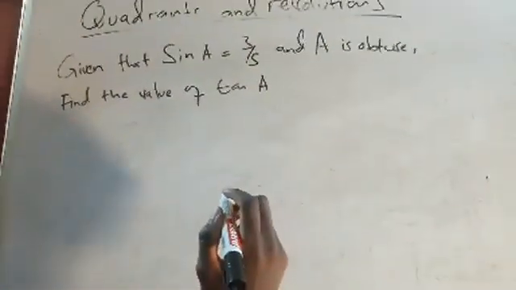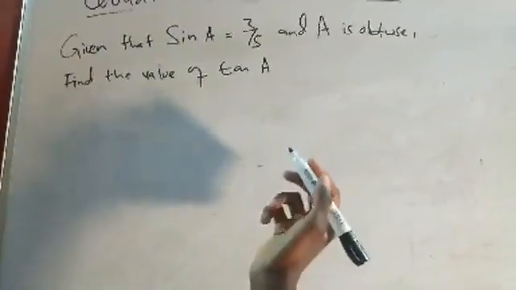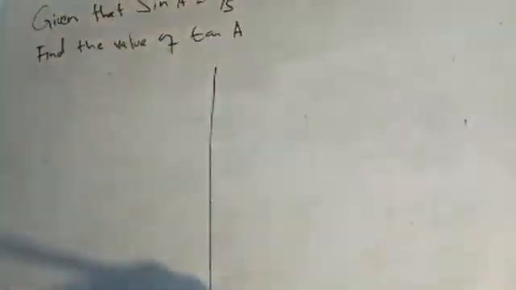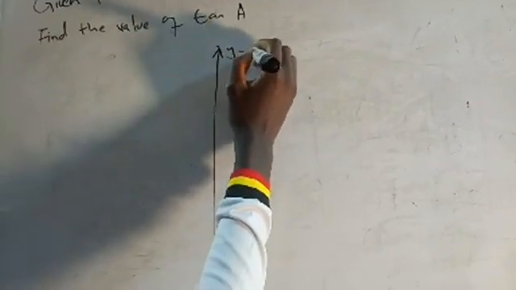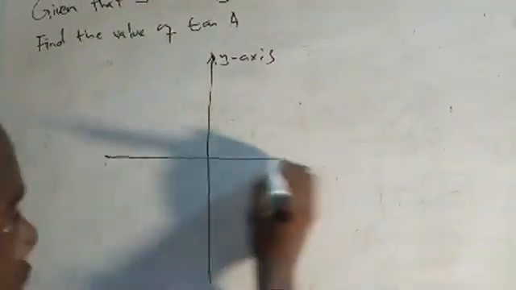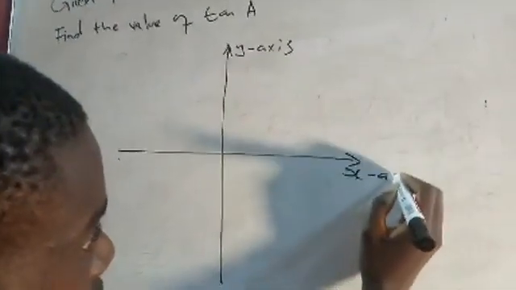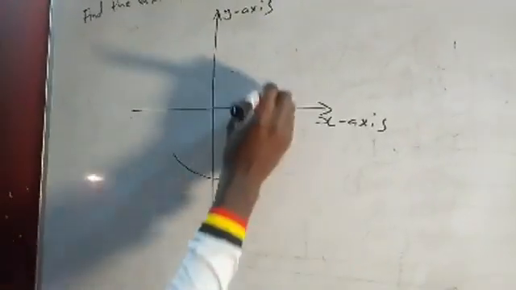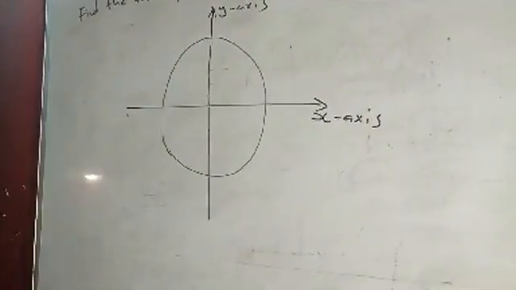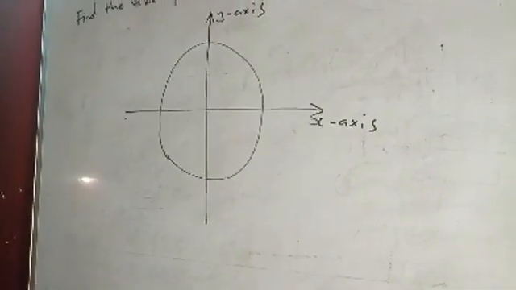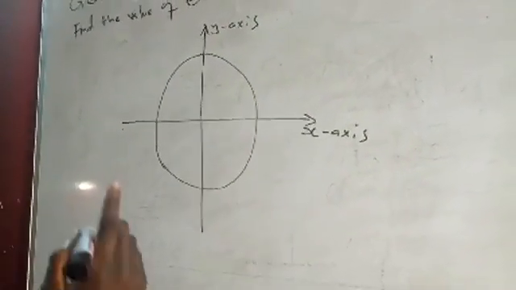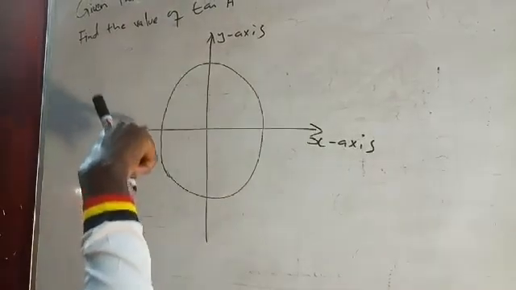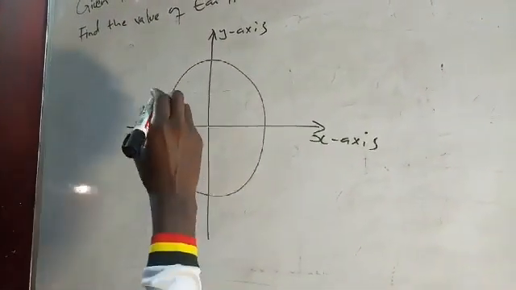So let's try to locate sine A in the Cartesian plane, which is the y-axis. So I'm drawing the x-axis, and we draw our unit circle like this. They have told us that A is obtuse, meaning it is in the second quadrant between 90 degrees and 180, so it will be here.